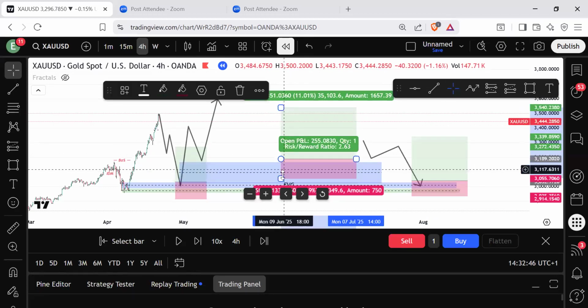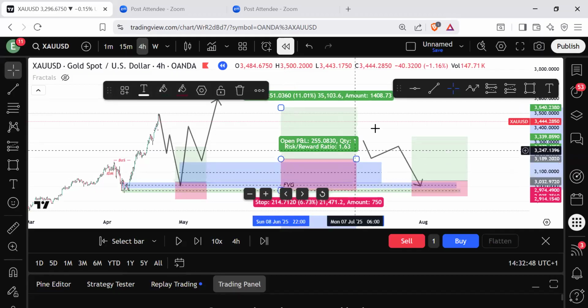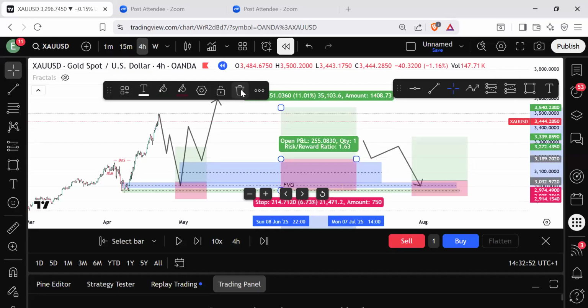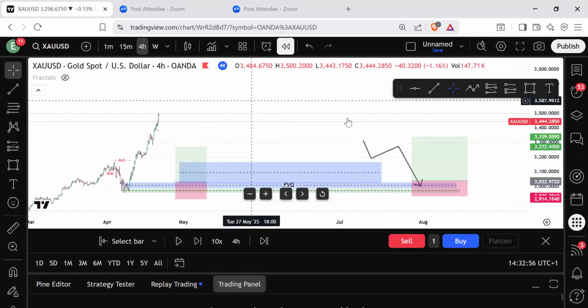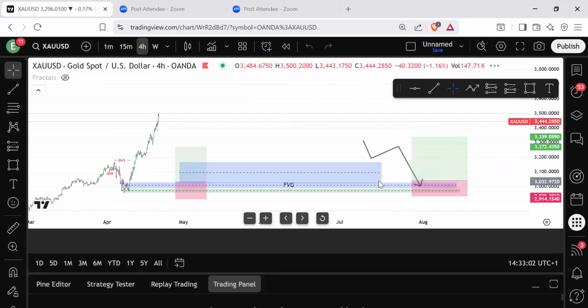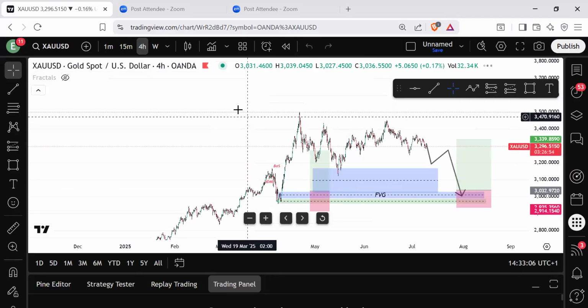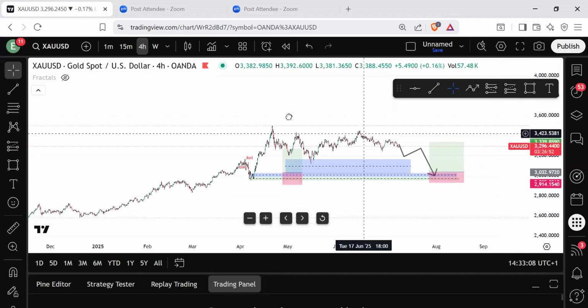Can we see a similar scenario in the downtrend as well? Just, maybe, quickly, can we have some time? Let me look for the market.